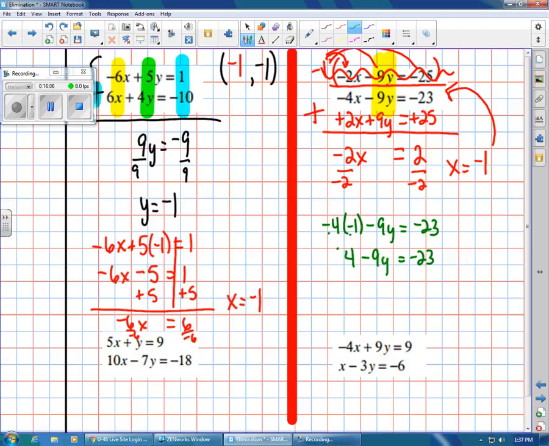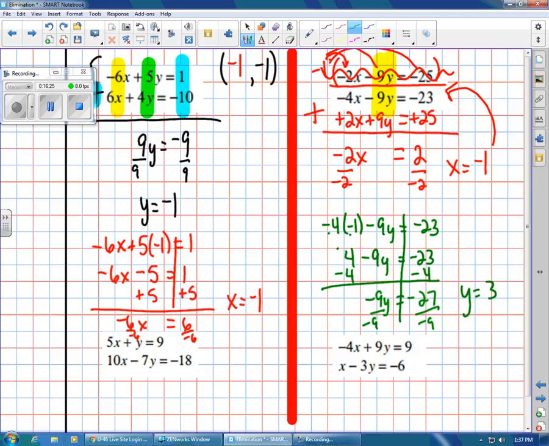So I'm going to subtract 4 from the left side of the equal sign, subtract 4 from the right side of the equal sign, and I have negative 9y is equal to negative 27. Divide by negative 9, divide by negative 9, and I have y is equal to 3.